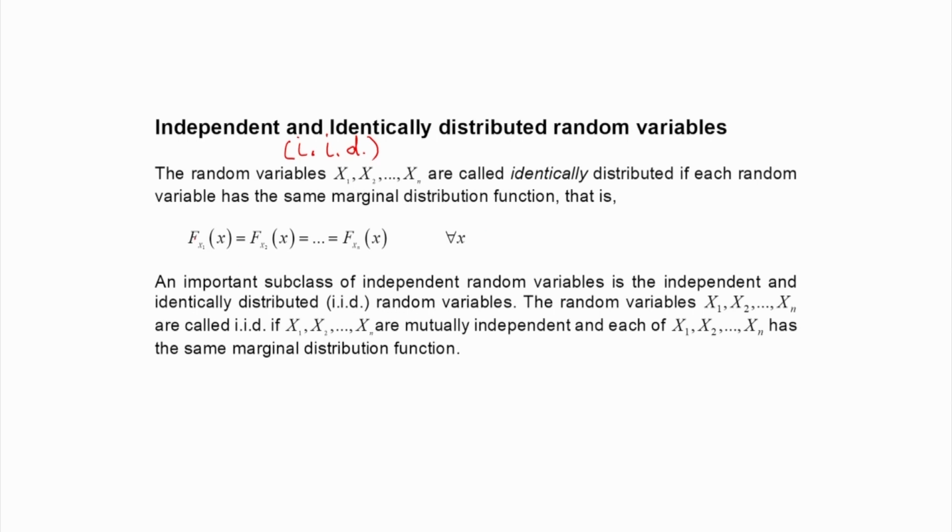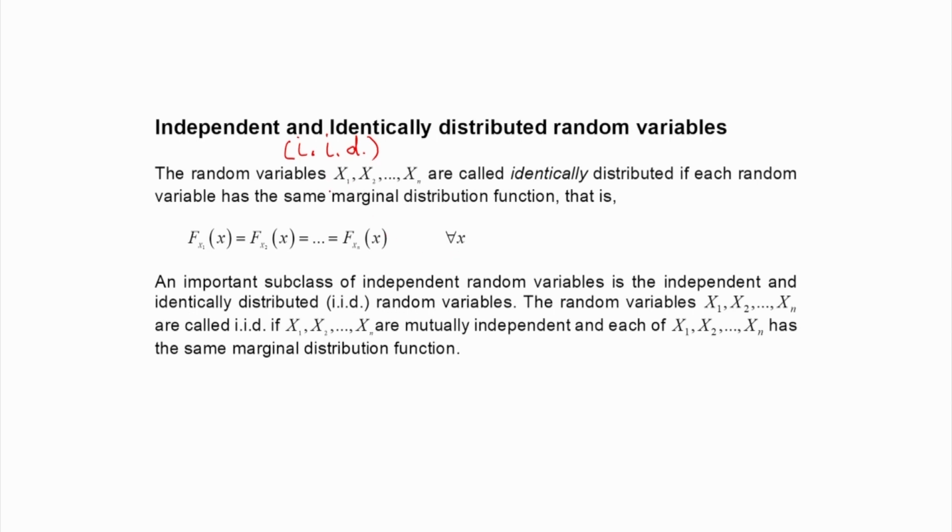That is, the CDF of X1 at point x is the same as the CDF of X2 at point x, like that the CDF of Xn at point x. This is true for all x. So, what does it mean?